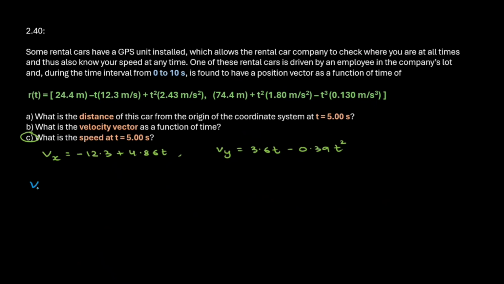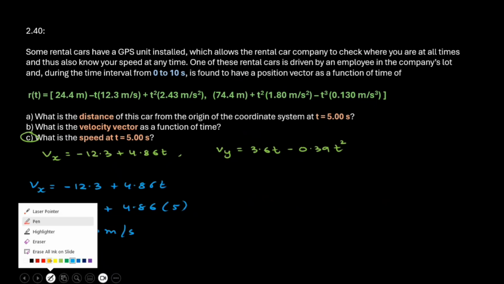First, we will find the x component, negative 12.3 plus 4.86 t. Now put t as 5, negative 12.3 plus 4.86 times 5. That gives you the x component of velocity to be equal to 12 meter per second.